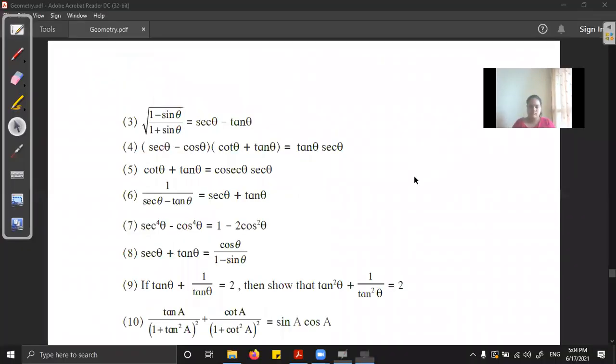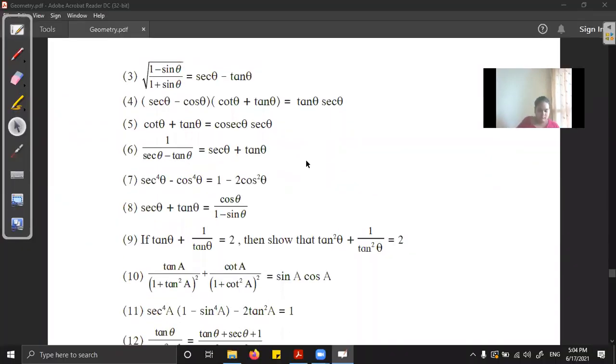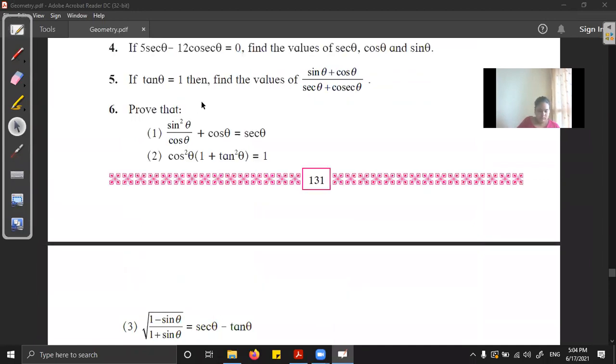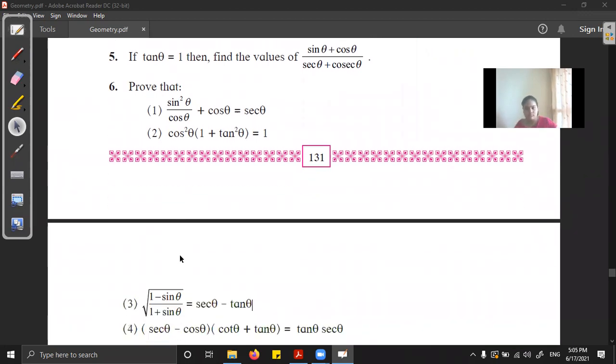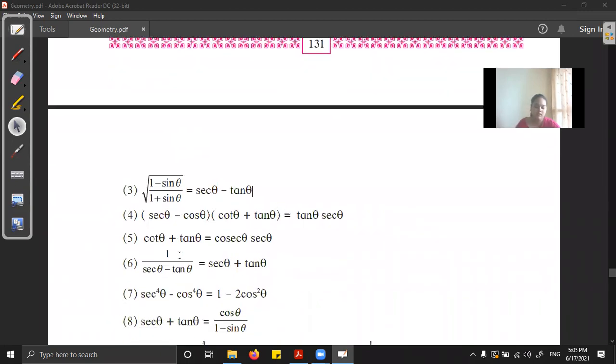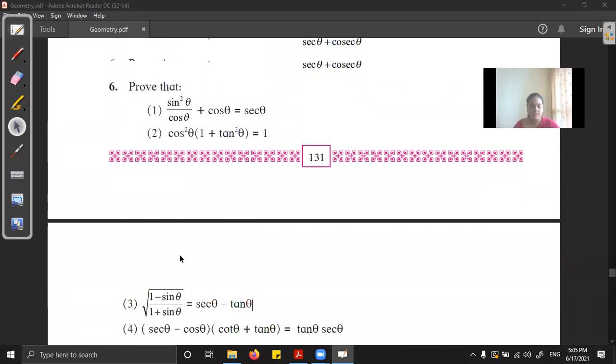Okay, we'll stop here. Did you practice these 6 proof sums again? Question number 6, these all. Did you practice it? Yes, I've reached till 6, and 1 and 2 and 3 are left.